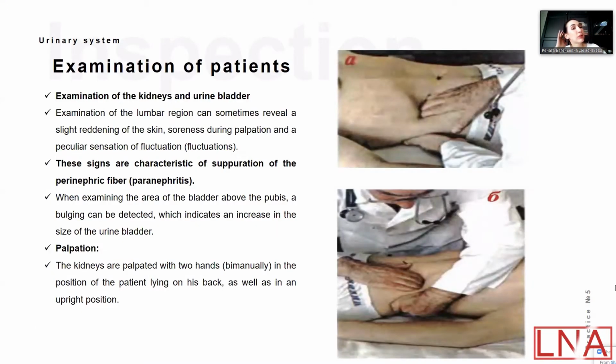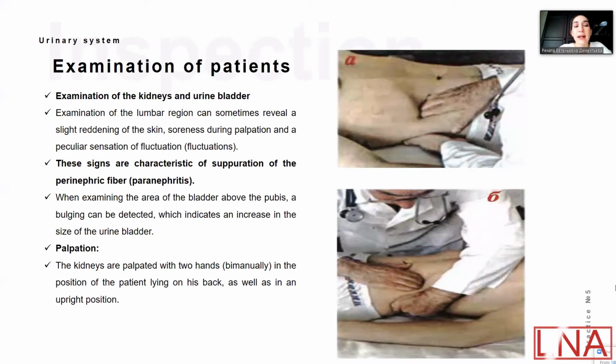Some moments about examination of the patient. It's not very difficult because there are not many manipulations: examination of the kidney and urinary bladder. Examination of the lumbar region can sometimes reveal a slight reddening of the skin, some soreness during palpation, a particular sensation of fluctuation in case of inflammation.